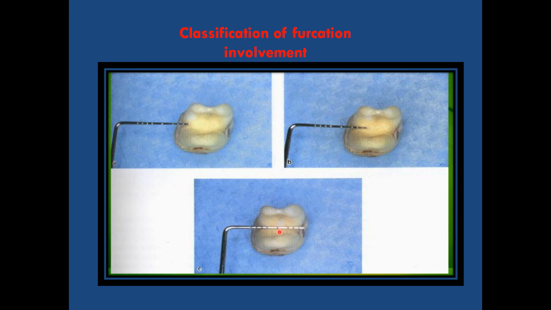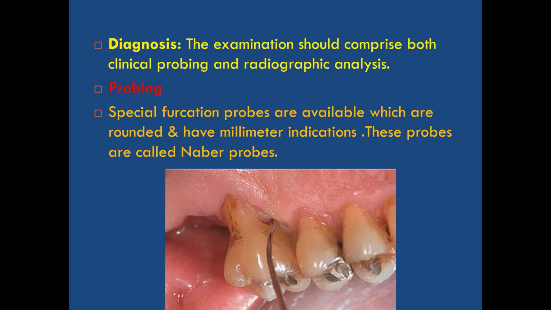Class 3: the horizontal destruction of the periodontal tissue is through and through, which means the whole width of the tooth is included by furcation involvement or destruction.